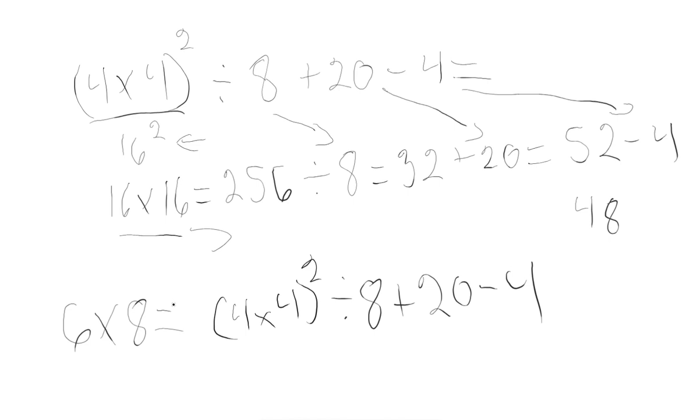And this is because the equation on the left is equivalent to the equation on the right, because both answers equal 48. So I just thought that that would be a neat trick for you guys.